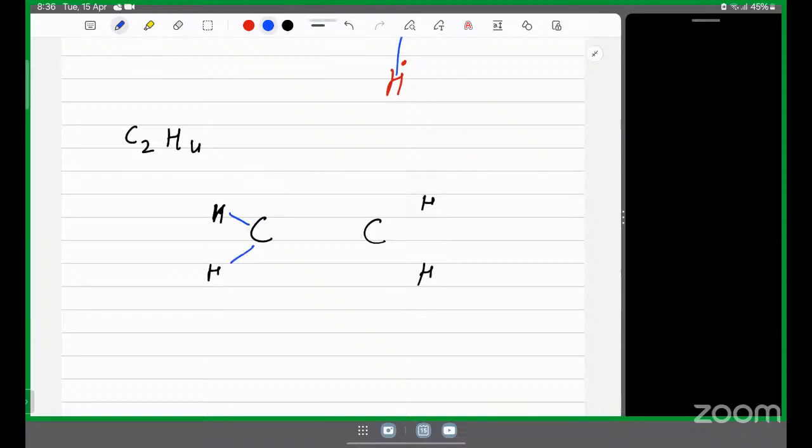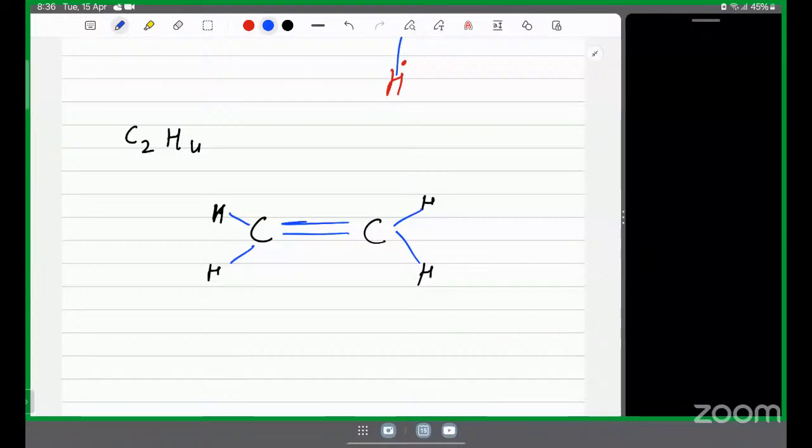So one bond for each hydrogen will be formed with a carbon atom. Carbon can form a maximum of 4 bonds. 2 bonds are already formed, so we are left with only 2 bonds. And these 2 bonds will be formed between the 2 carbon atoms. So this will be carbon double bond carbon with single bond hydrogens. That way all the bonding of carbon is completed and hydrogen is also completed.